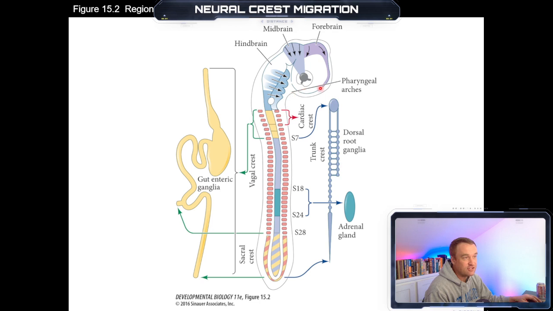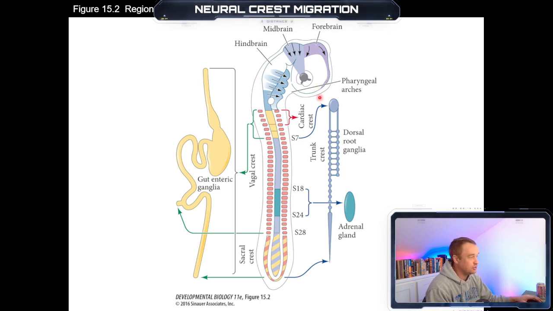So you can see the pharyngeal arches right here. These cells up here will migrate forward out of the neural crest, and like I said, become the face and the cartilage of the face and neck, and also the cranial nerves in your head.